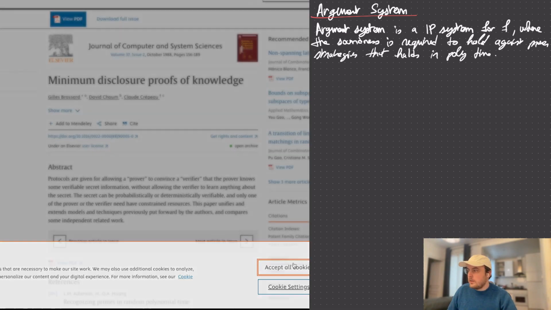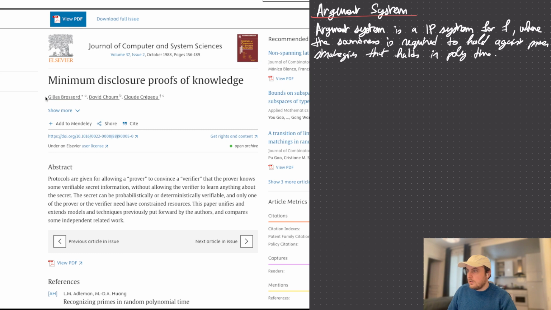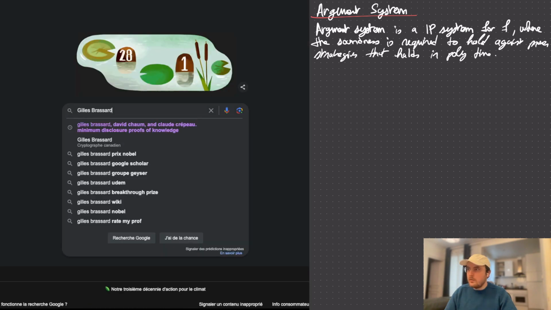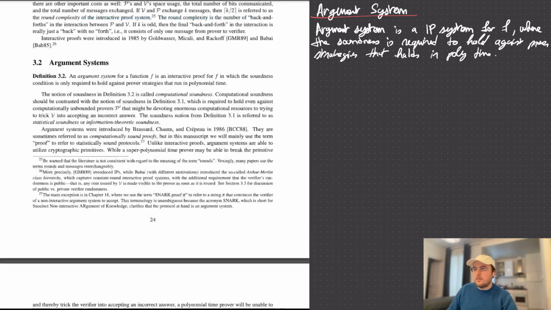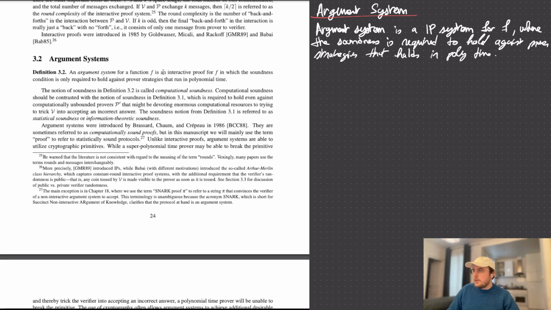Gilles Brassard, David Chaum, Claude Crépeau. Maybe they're Canadian, by the way. Where did they study? Yeah, Canadian, exactly. Montréal. Okay, interesting. Let's go back here. They have very Canadian names, by the way.